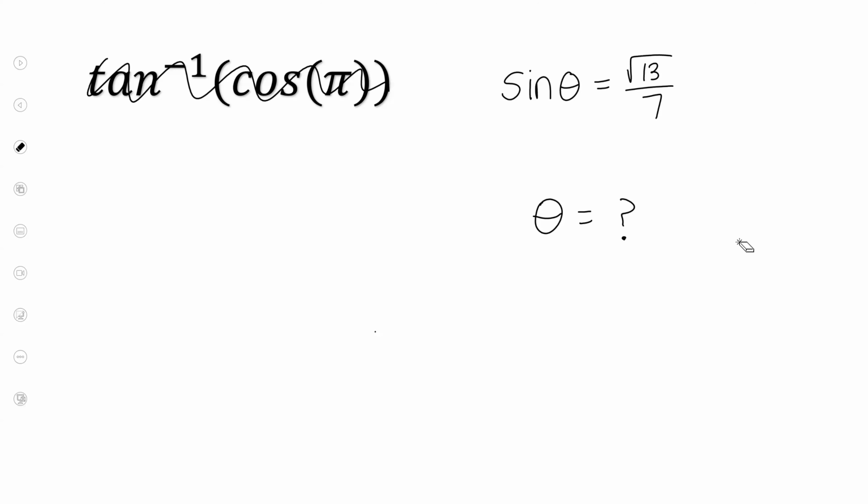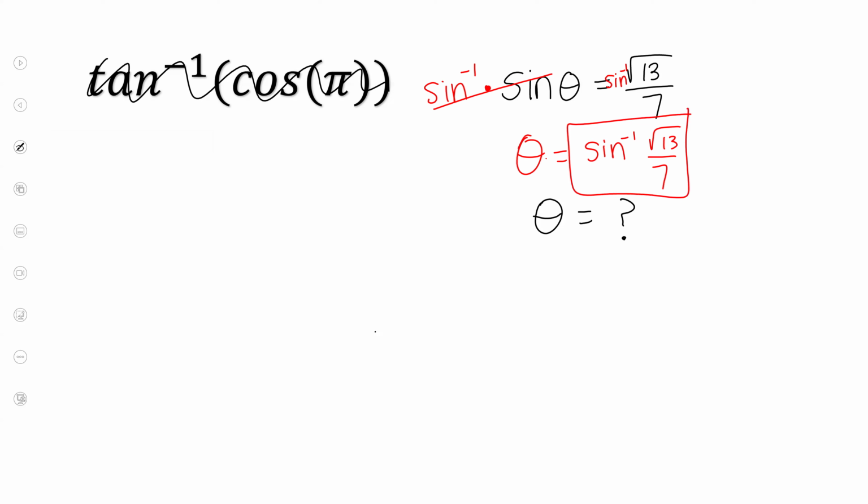How do you get rid of sine? Multiply by what? The inverse. So those will cancel out and multiply this side by the inverse. So that means to get theta, you need to type into your calculator the inverse of sine square root of 13 over 7. So if you type this into your calculator, it will give you that angle measure.